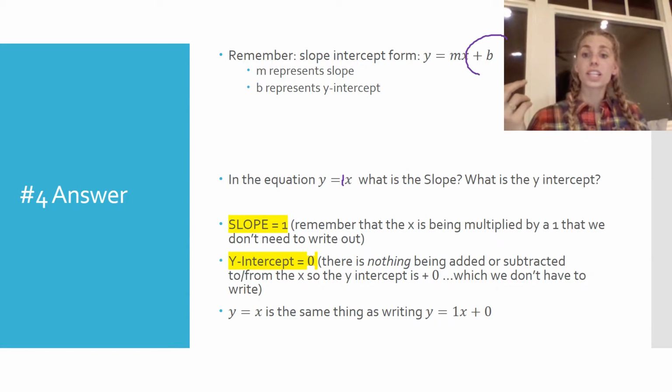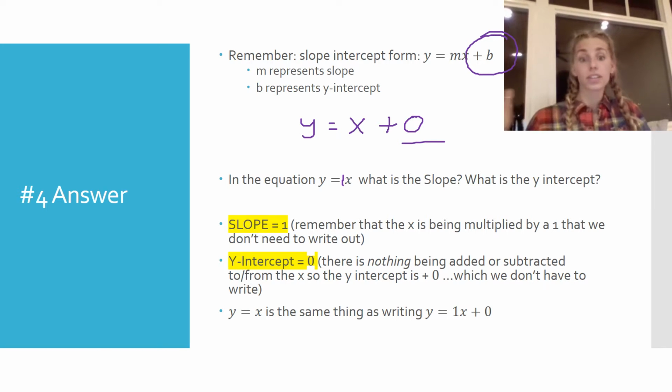Now you'll notice that there is no b in the equation at all. In the equation y equals x, it's plus nothing. There's nothing else there. So the y-intercept is a 0. The y-intercept is just plain old 0, and it would also be redundant to write plus 0 or minus 0, so we don't write it.